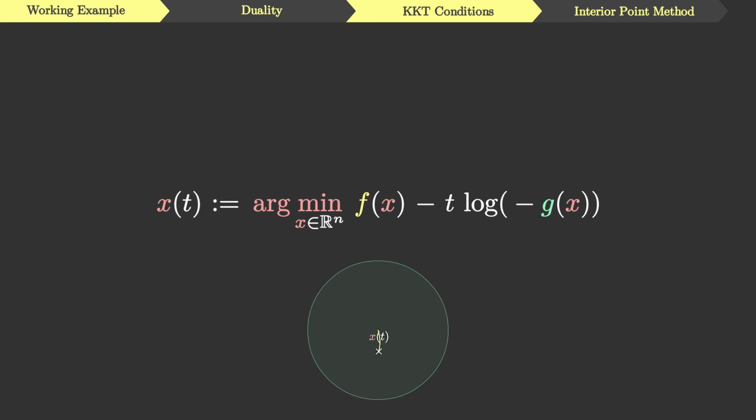Then it will work its way to t equals 0 by going through the path formed by the x's of t. This path is called the central path. The central path falls in the interior of the feasible region, and this is how the interior point method earned its name. And the end of the central path is the solution that is eventually returned by the interior point method.